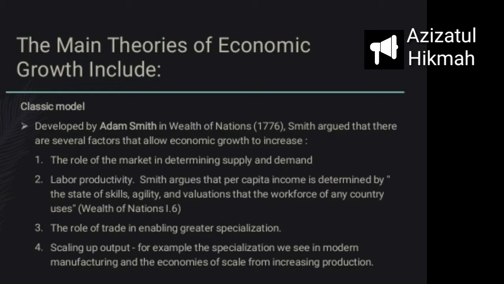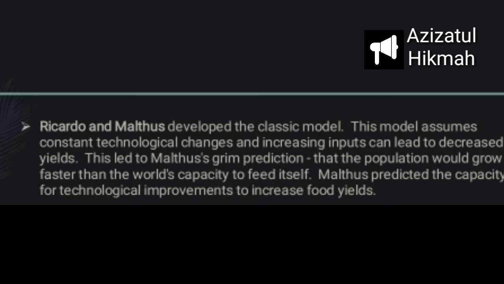Third, the role of trade in enabling greater specialization. And fourth, scaling up output. For example, the specialization we see in modern manufacturing and the economies of scale from increased production.